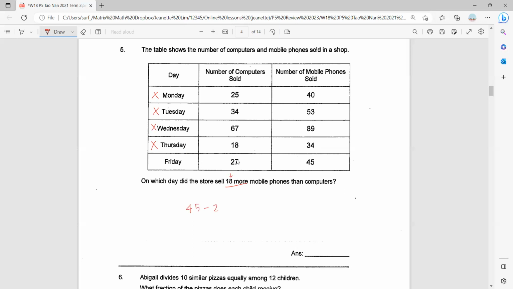So 45 minus 27. Yes, I'll get 18. So the answer is Friday. Okay, so this will be a quicker way to check for the answer. You don't really have to minus every row.